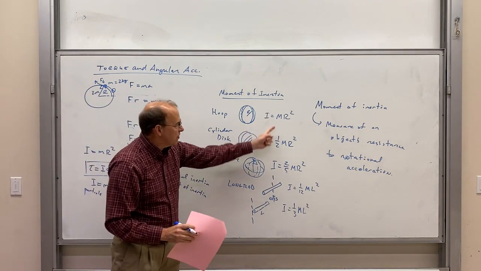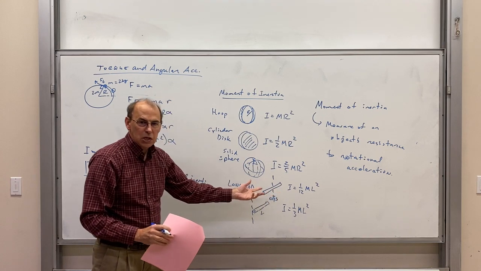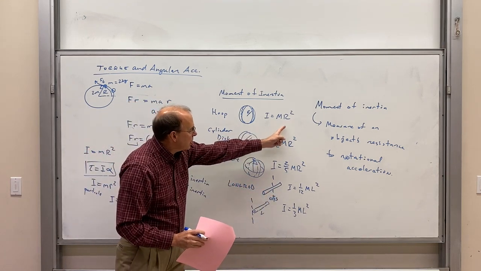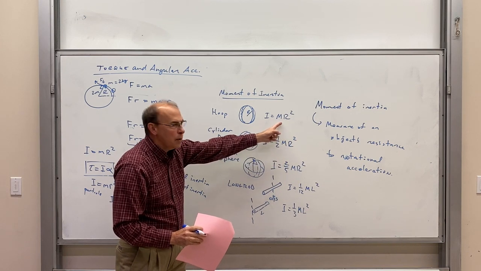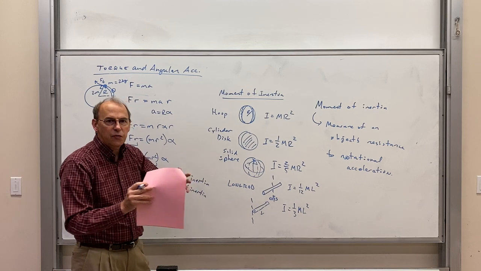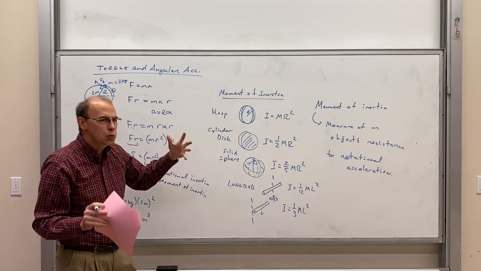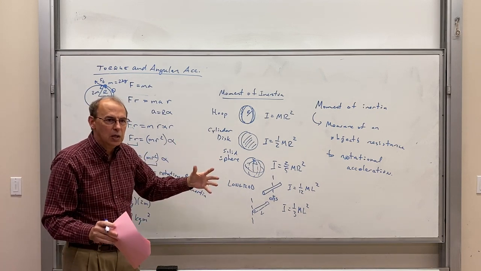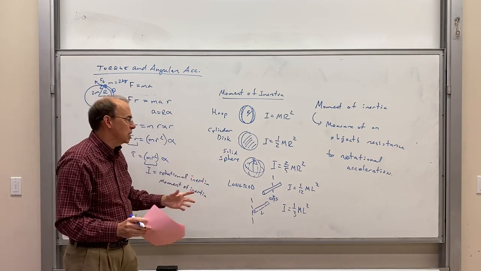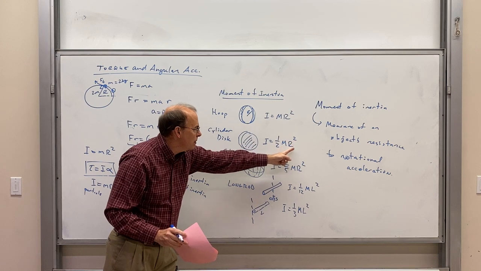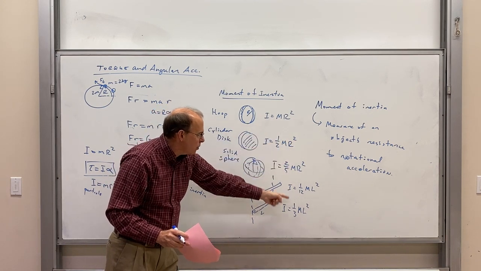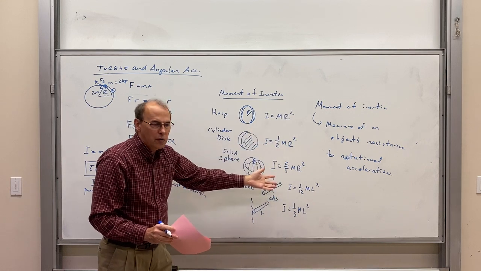So the more massive something is, the harder it is to make it spin. But more importantly, the bigger that radius is has an even bigger effect because it's squared. As the mass gets further from the axis, it gets really hard to make something spin, or to stop it if it's already spinning. If I double the mass, I get twice the moment of inertia.